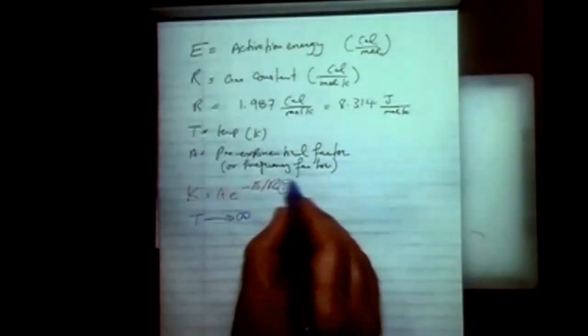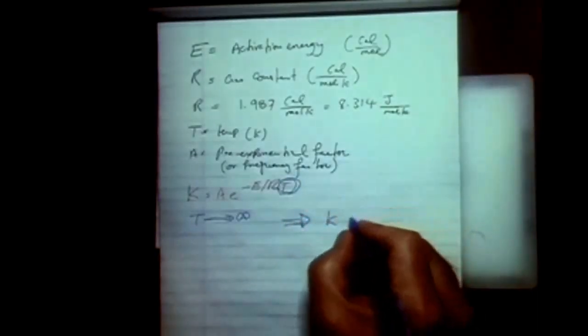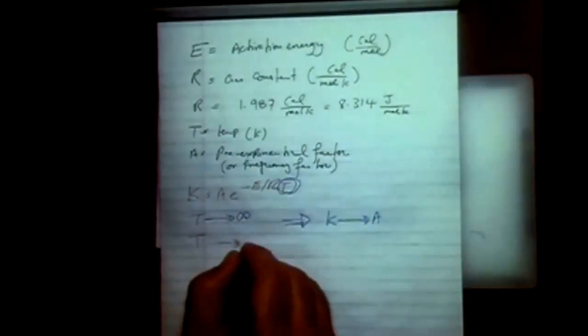If the temperature goes to infinity, the exponent goes to 0, e to the 0 is 1, so k approaches what? A. And what will happen if you have a very low temperature, like minus 273 degrees C?